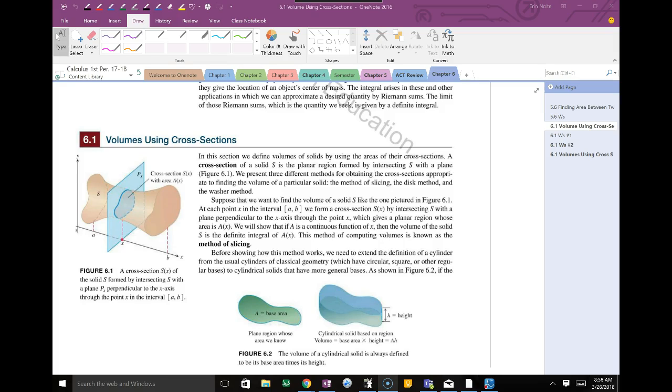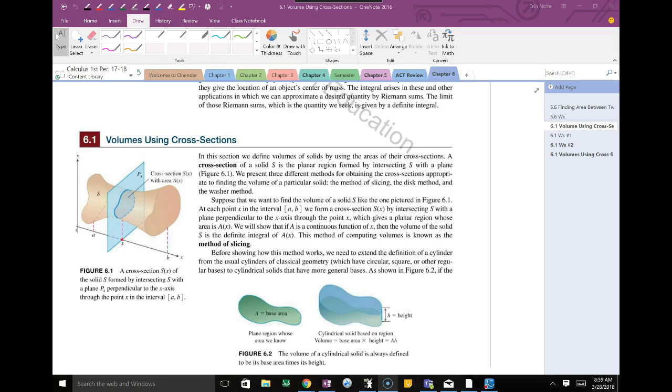The closer I get to this little corner, the smaller the squares get. So I have an infinite number of squares creating this volume, this three-dimensional shape. It's kind of hard to remember, but all we need to do to find the volume is take the base area times its height.